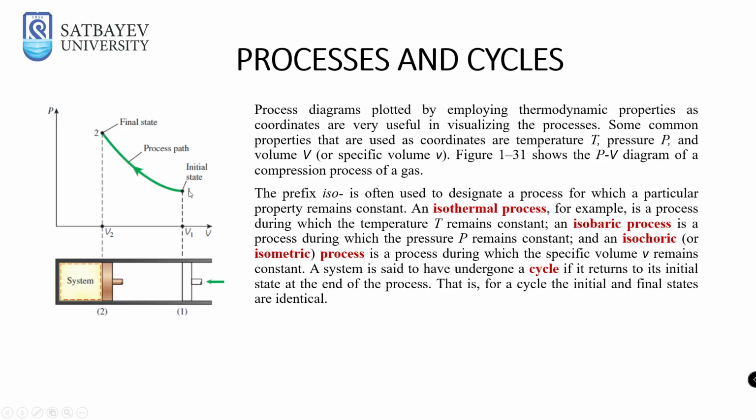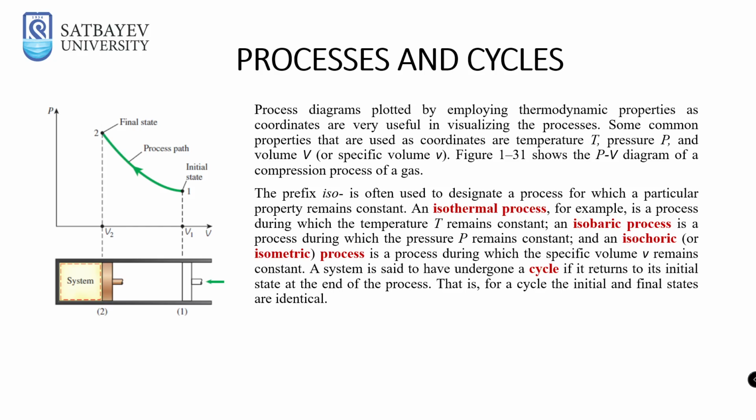While the volume of the gas decreases, the pressure of the gas increases, which is shown in this path of the process. At the second point, we have lower volume and higher pressure, which generally means that we have a higher pressure or temperature.